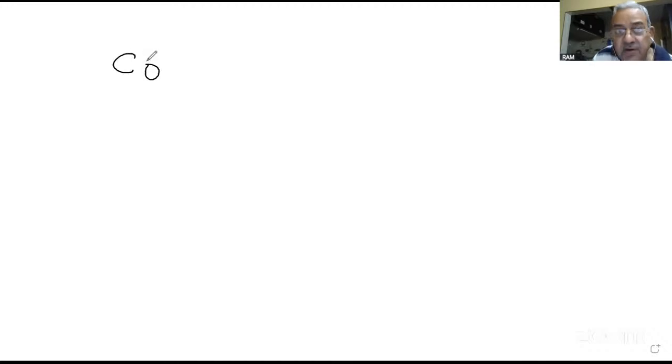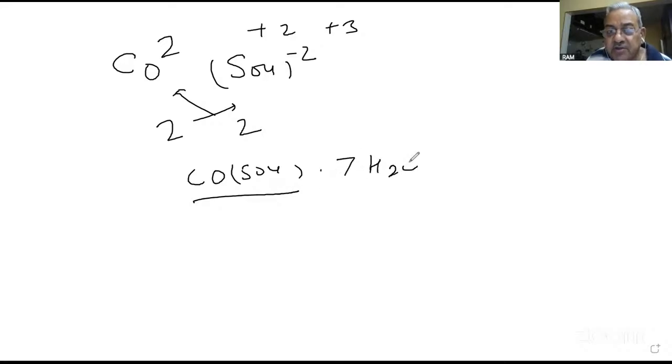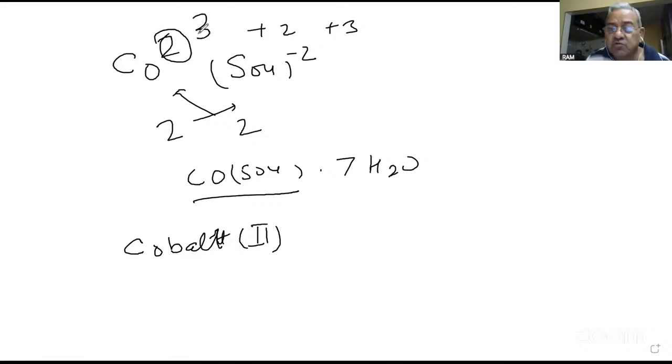Cobalt is also a transition metal. It is having +2 and +3. Sulfate is always having -2. Now cobalt sulfate means it is having 2 only, so 2 and 2 cross like that, and it will become CoSO4, cobalt sulfate. And then H2O hydrate is 7H2O, heptahydrate. Cobalt is having a valency of 2, it can have a valency of 3 also.